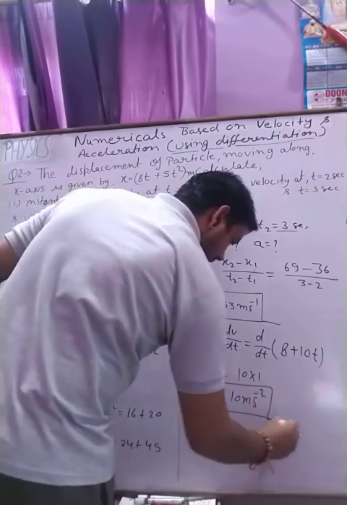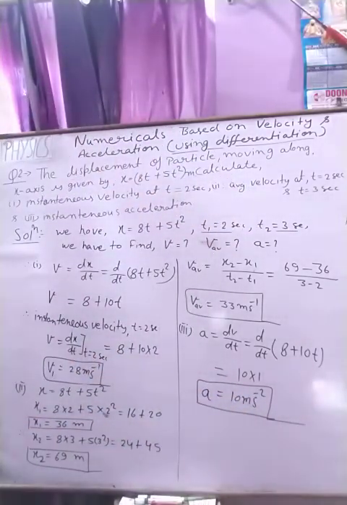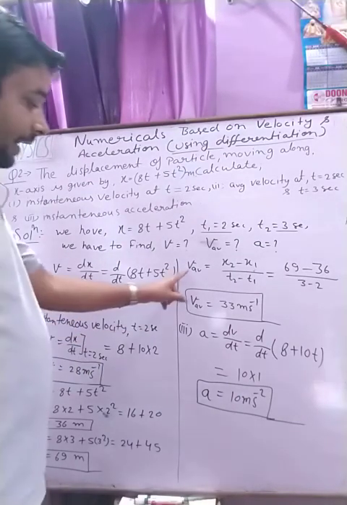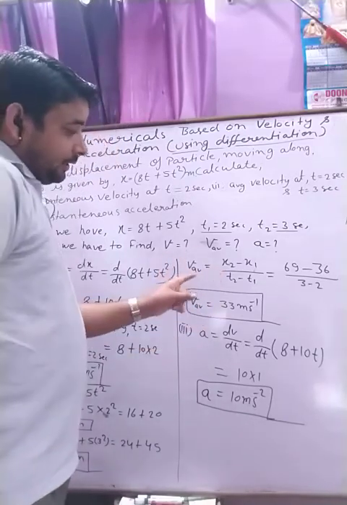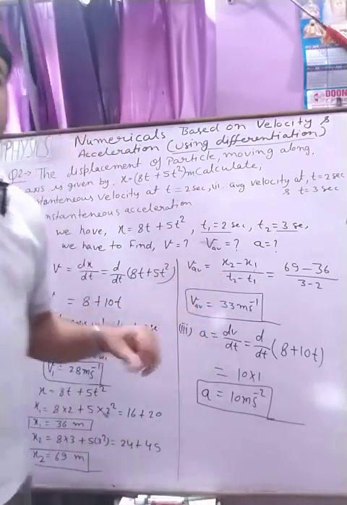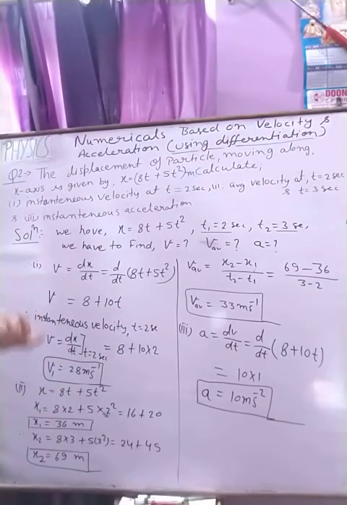This is the instantaneous acceleration. Earlier we also calculated 10 as the change in velocity, actually acceleration, but we needed to calculate the displacement. Okay, so this is your answer for this question. Thank you. Copy it in your notebook.